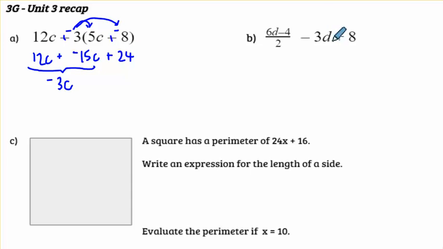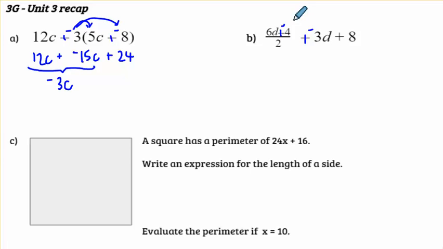Moving on to this one here, I'm going to leave, change, opposite, leave, change, opposite. Now I'm good to go. This is basically the distributive property. It's taking this entire quantity, 6d plus -4, and taking half of it or dividing by 2.